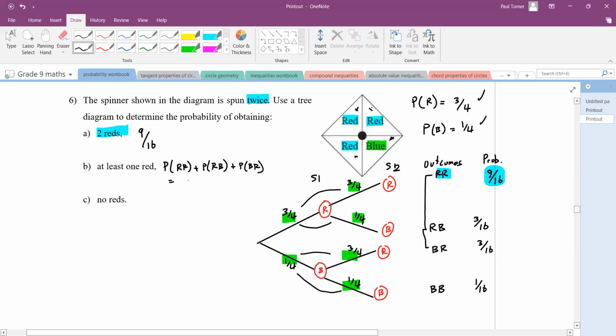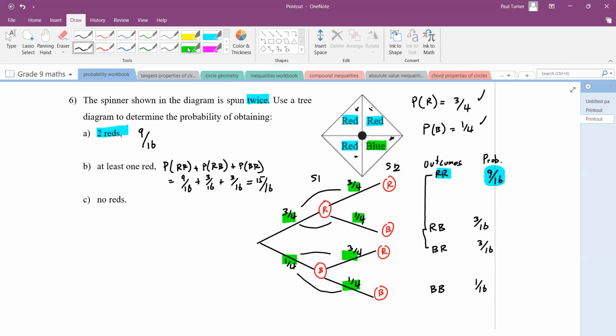And when you add them up, you'll get 9/16 plus 3/16 plus 3/16. So 9 plus 3 is 12, plus 3, 15/16. So very highly likely you're going to get at least 1 red on this spinner.